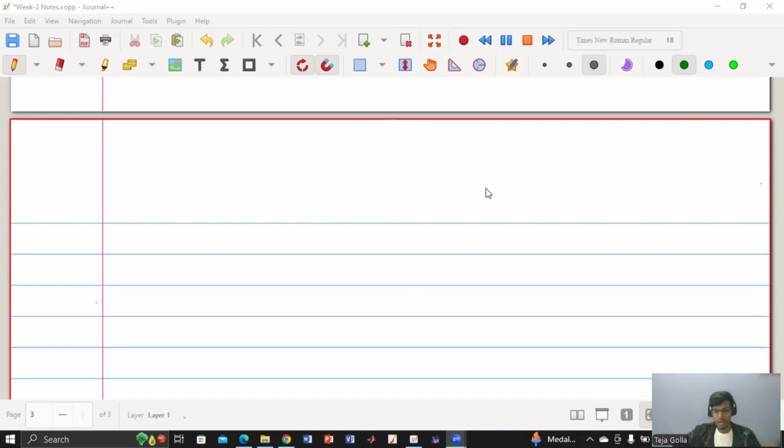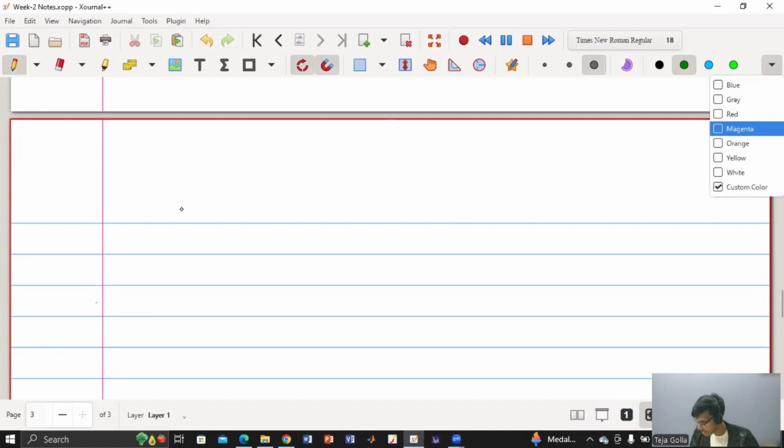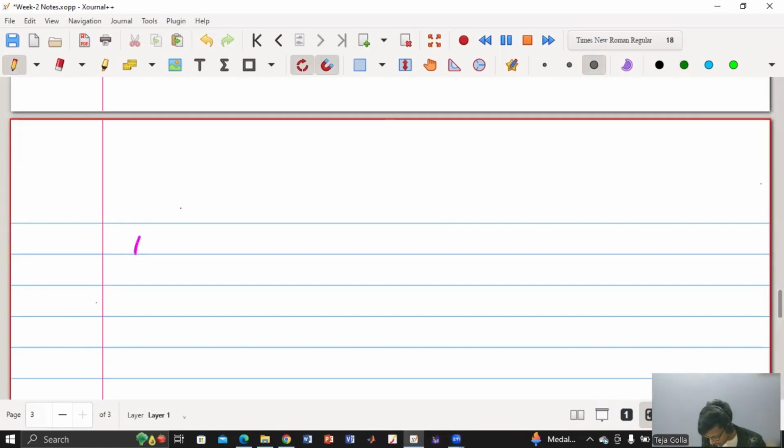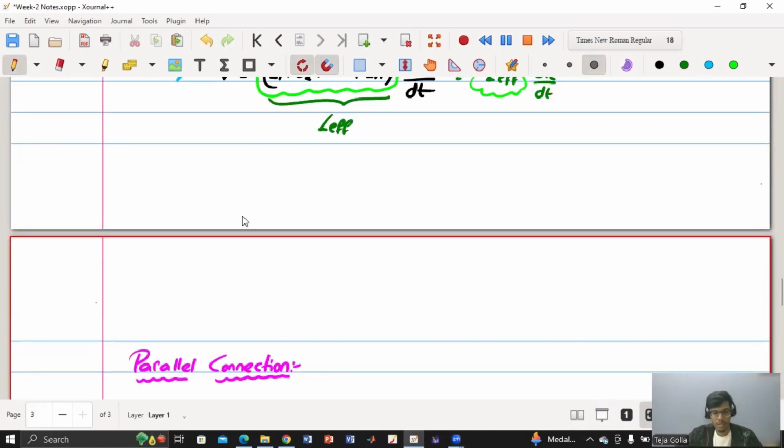So till now we have discussed the series connection, right? Now we'll discuss the parallel connection. Elements can be connected either in series or in parallel. In the series connection, what is the same for all the elements? Current, because they are connected in series. In the parallel connection, what will be the same? Voltage.